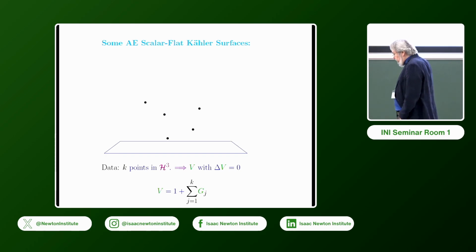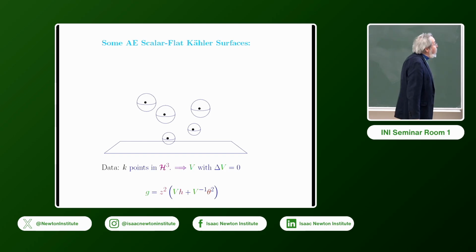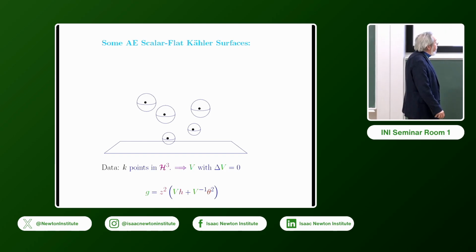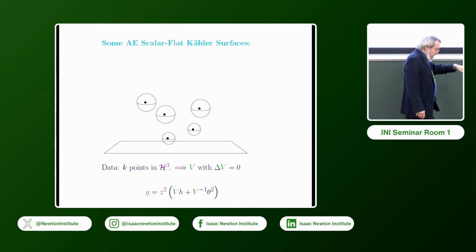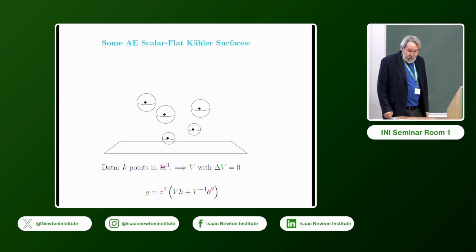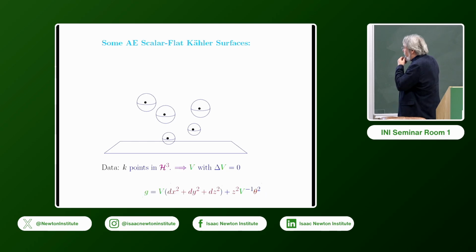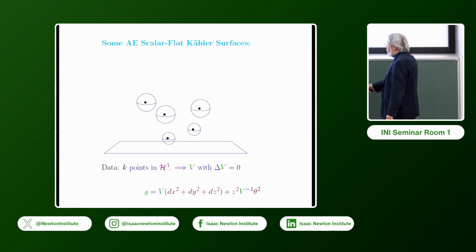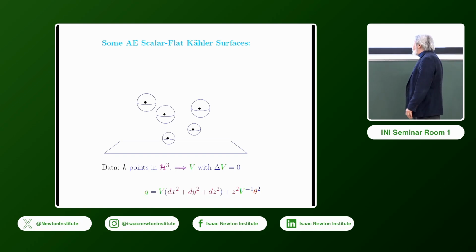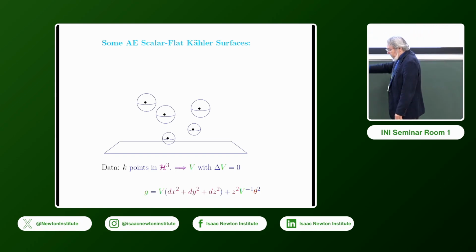So we have a potential that we wrote down before, and the conformal factor I now want to put in is z squared, where z is the vertical Euclidean coordinate that defines the boundary plane as its zero set. Okay, so in fact the metric has this very concrete form. It's V times the Euclidean three-dimensional metric plus z squared times V inverse times the connection form squared.